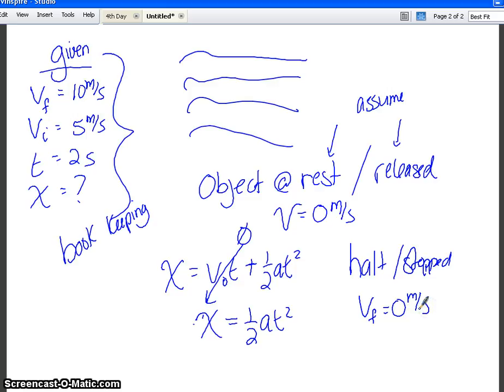We can plug in certain numbers to simplify our equations. You might look at this equation and think, I don't have initial velocity, so I can't solve for x. But if it says it's from rest, we can cancel that term out, which happens a lot.